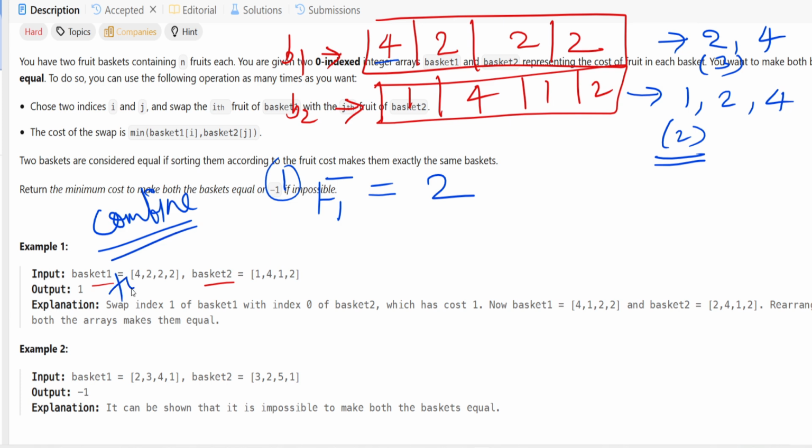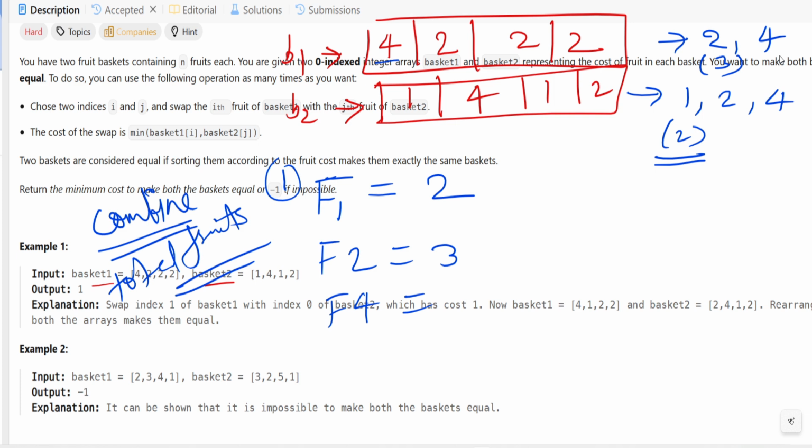Very first step, what should we do? Total fruit. So for fruit 1, the count we have is 2. Then for fruit 2, the count we have is 3. Then for fruit 4, how many counts do we have? 1 is here and 1 is here, means we can say 2.